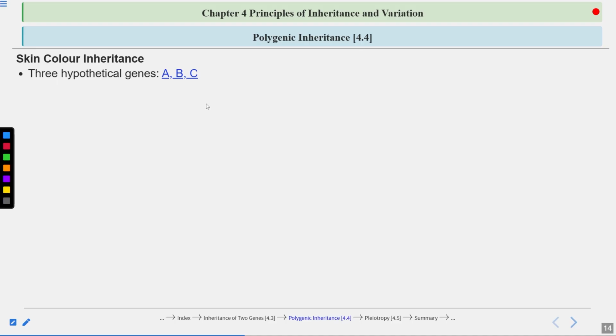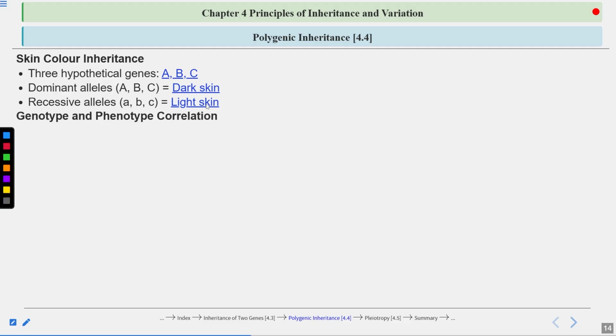Suppose we take three hypothetical genes, capital A, capital B, and capital C. The dominant alleles, capital A, capital B, and capital C, give dark skin. The recessive alleles, small a, small b, and small c, are for light skin. Now, let's talk about the genotype and phenotype correlation here.